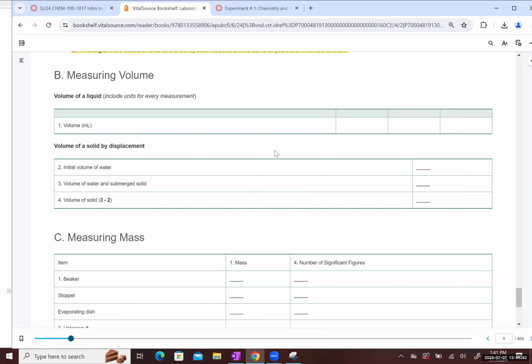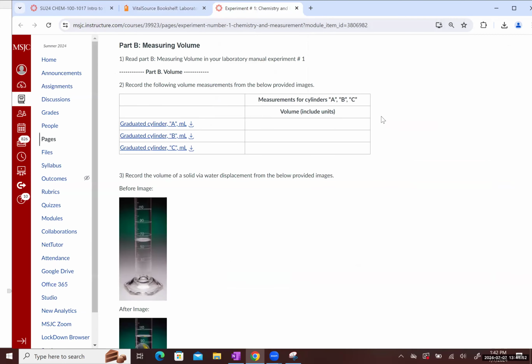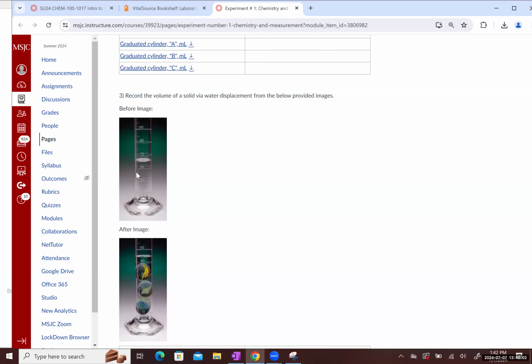And then we're also determining the volume of a solid via water displacement. So let's find part B in the lab page. As you can see, we have 3 volume measurements to take and a water displacement study to conduct.